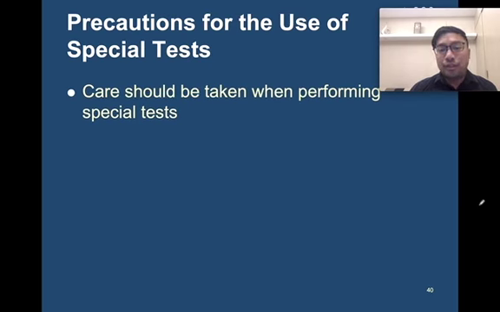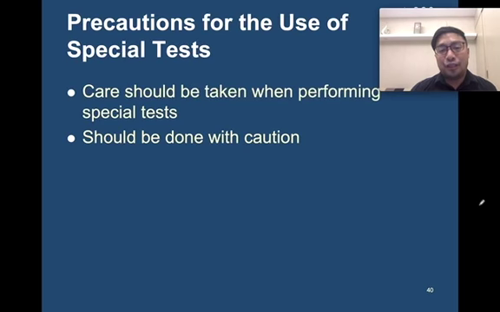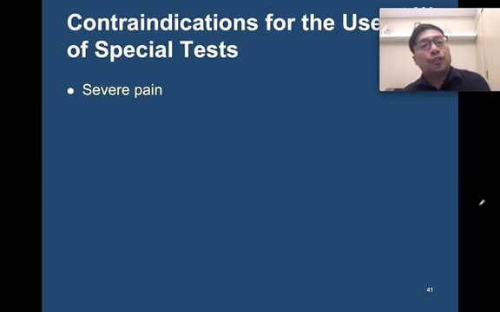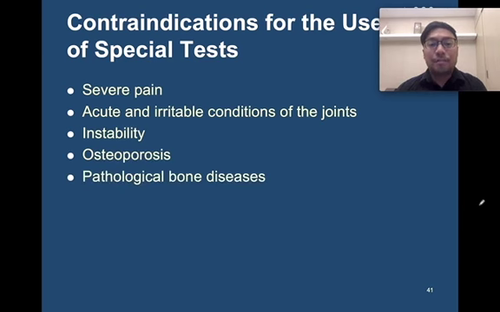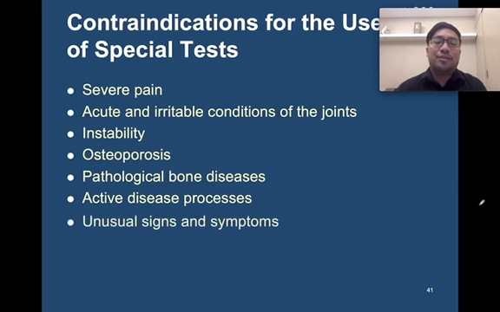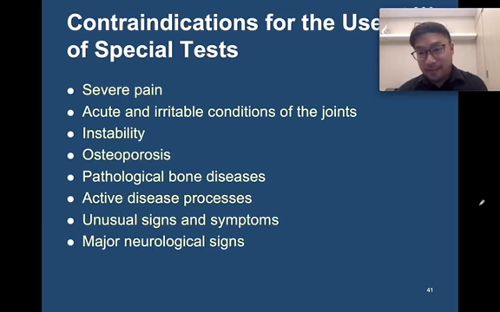So some precautions. Again, be careful in performing special tests, and it should be done with caution. Okay. So some contraindications are similar to the red flags: severe pain, acute and irritable condition of the joint, the specific joints, and instability. If you have osteoporosis, pathological bone disease, active disease process, and of course unusual signs and symptoms noted by a therapist.